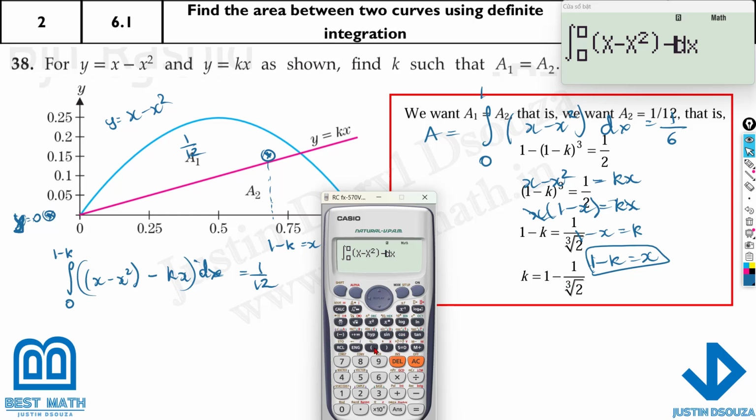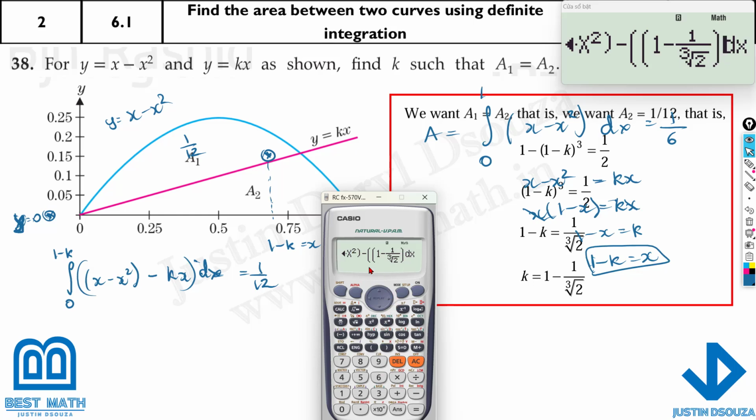So first, let me open one bracket here, and then I will open another bracket for k and then x. Let me just open this bracket, then this is for k. That is 1 minus, sorry, it's over here. So my bad, I pressed the wrong sign. It's divided by 1 over here, shift and the square root gives you automatically a cube root, and then close the bracket.